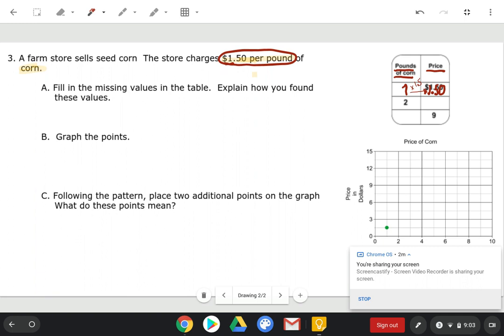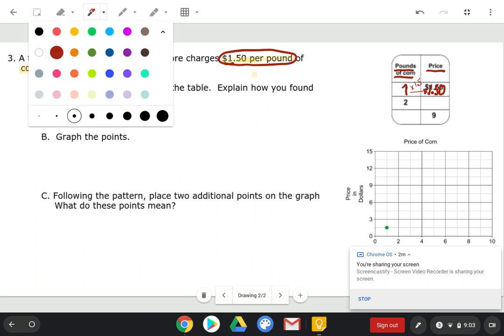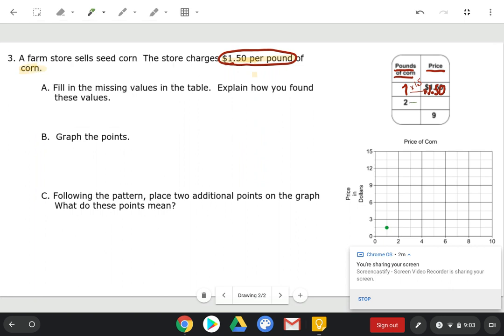Okay, that multiplier is really important because that's the same thing that we're going to do to the 2. We're going to take that 2 and we're going to multiply by 1.5. So what is 2 times 1.5? That's 3. So we just figured out that 2 pounds of corn will cost us $3.